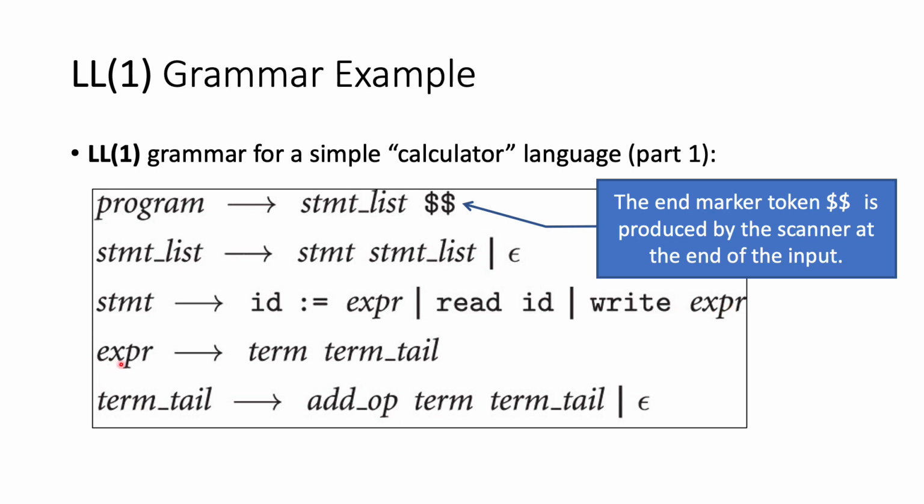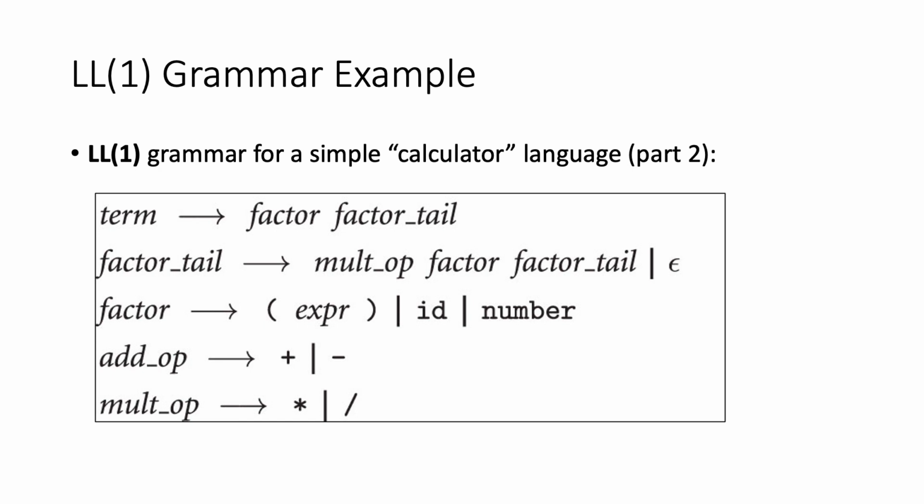An expression consists of a term followed by a term tail. A term tail is either an empty string or a sequence of add op, then a term, then a term tail. The second part of the grammar defines the term non-terminal and the add op non-terminal of the language.